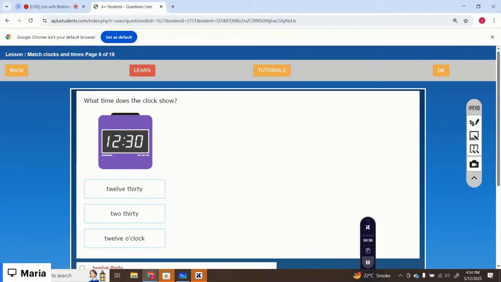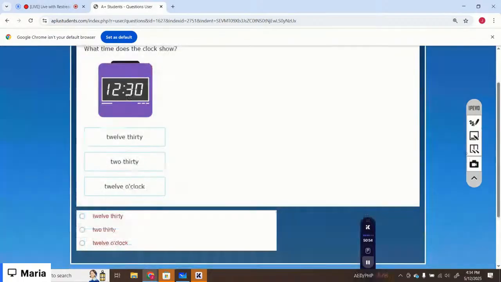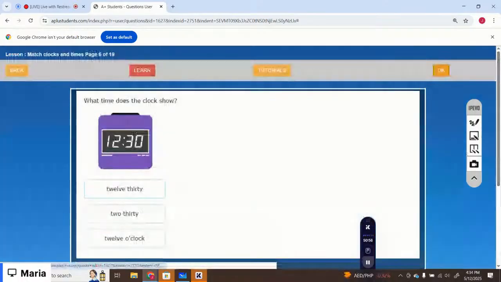What time does the clock show? That is 12:30. Option number one is the correct option.